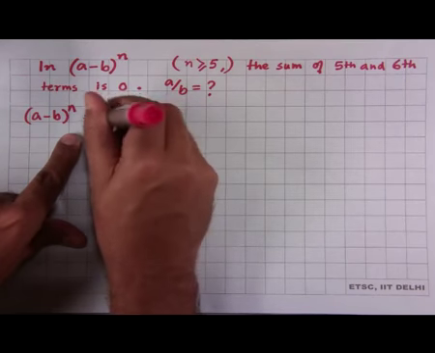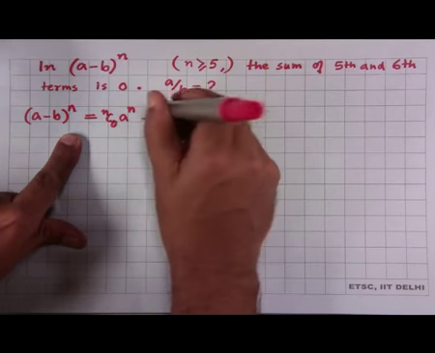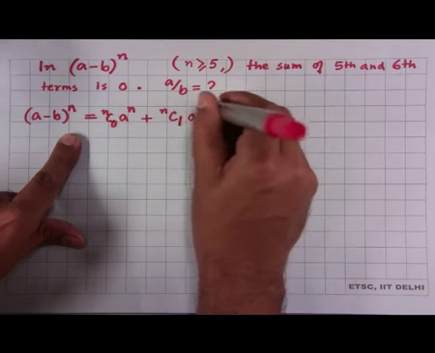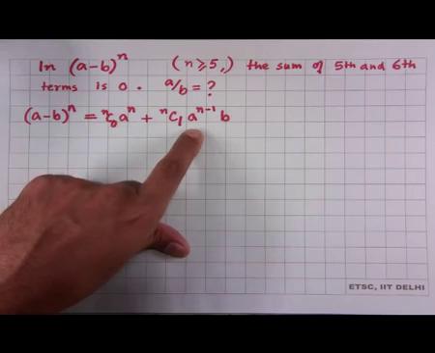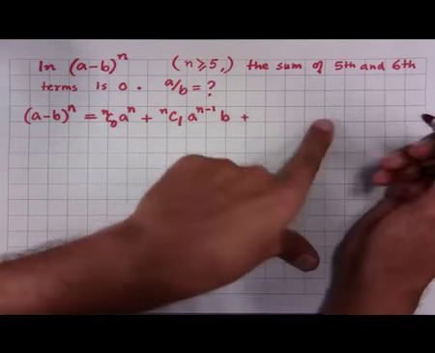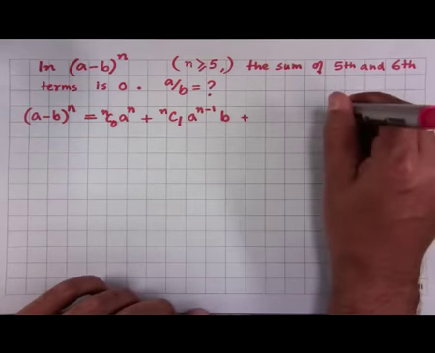You do not choose any b's. Plus n c 1 times a power n minus 1 b, that is the second term, right. Then comes the third term, fourth term, fifth term.